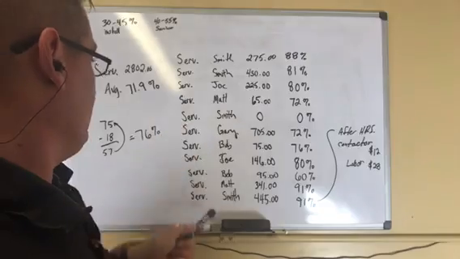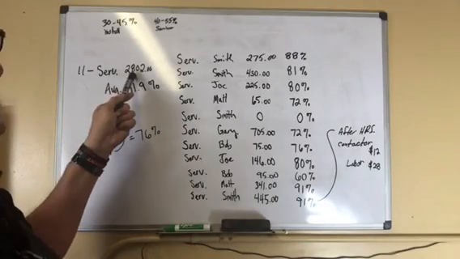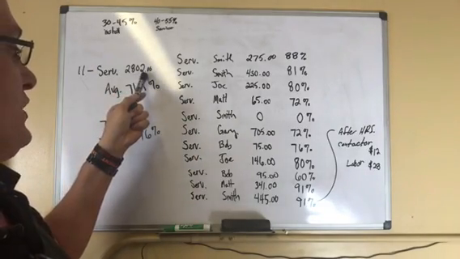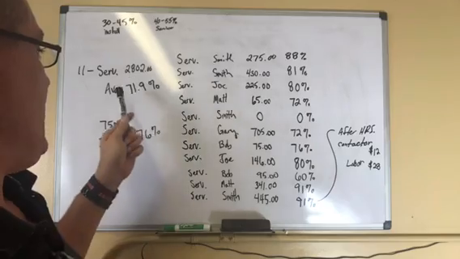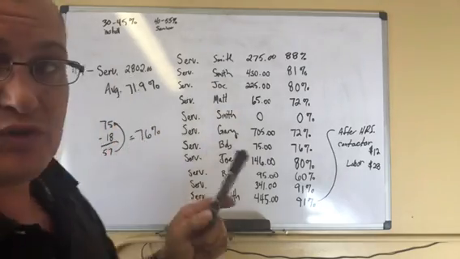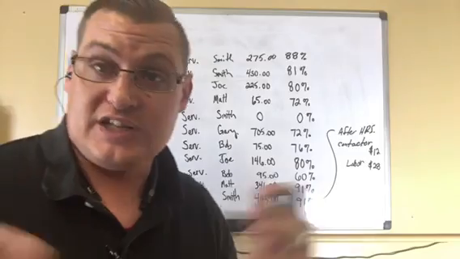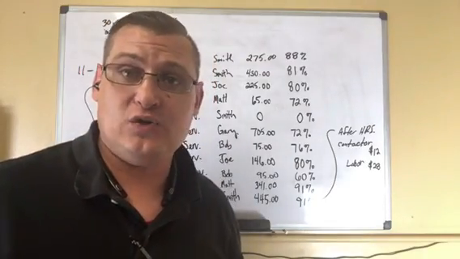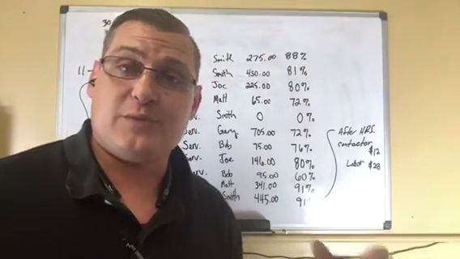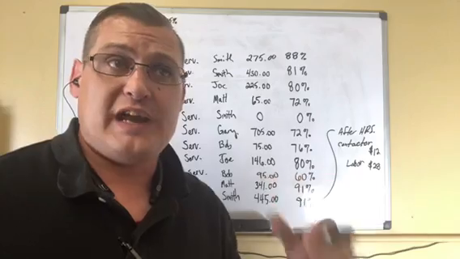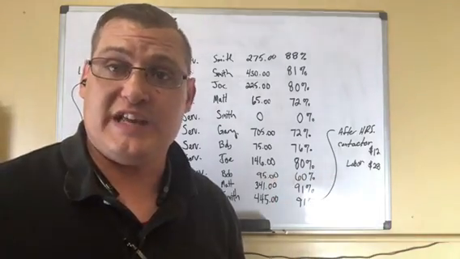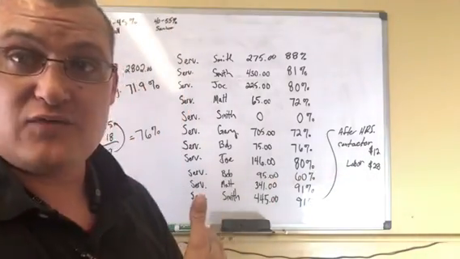And you can see we did 11 calls, and the total was 2802. Now the average gross profit margin was 71%, which is great because that's what I wanted to hit ultimately. If I'm using 50% for my overhead and I wanted to earn 20% net profit, that would cover it.